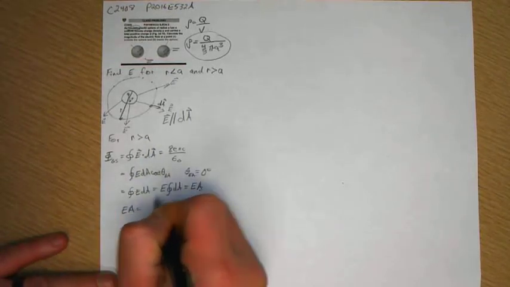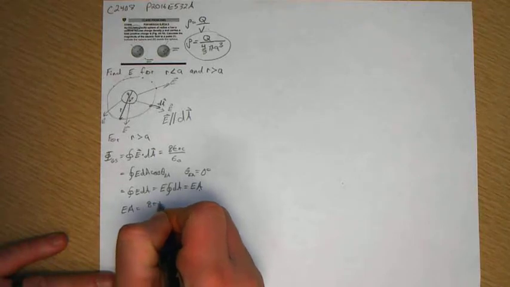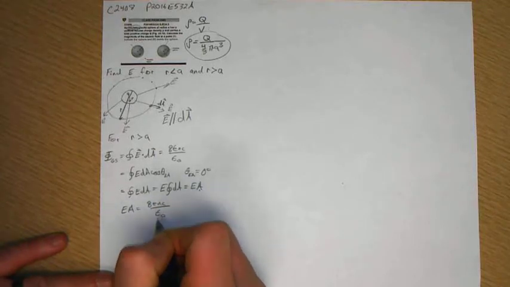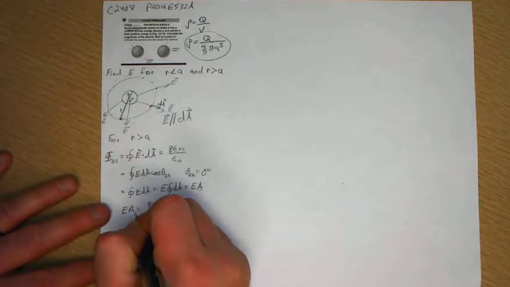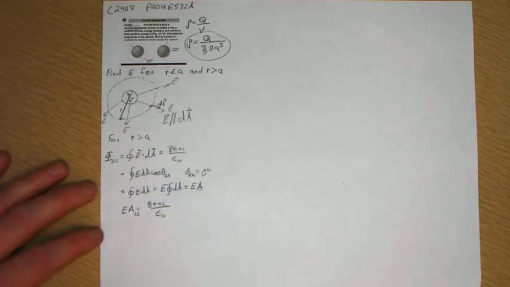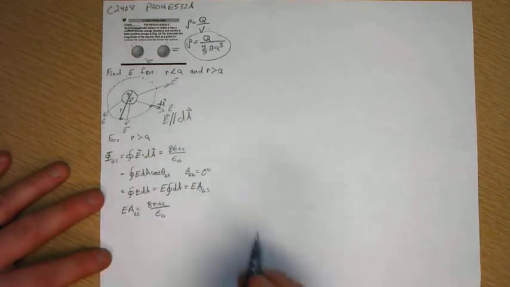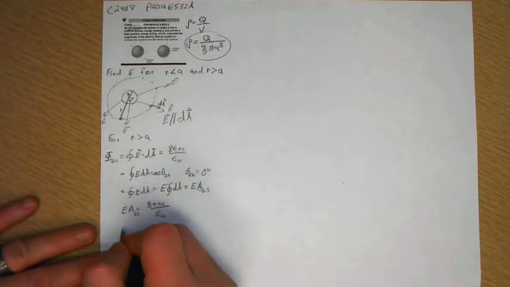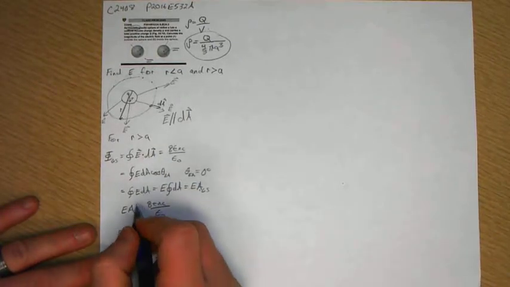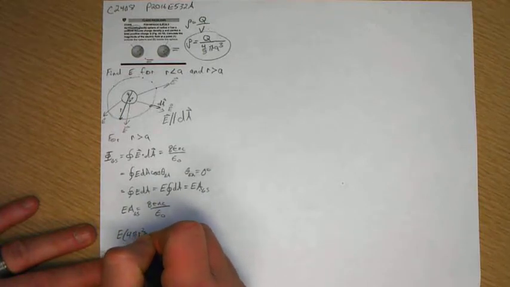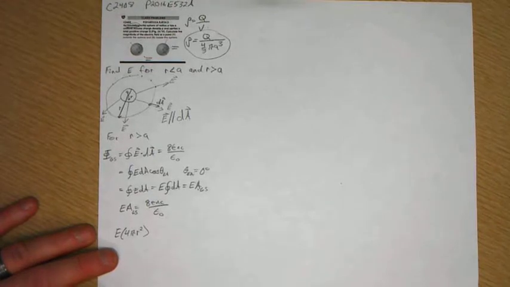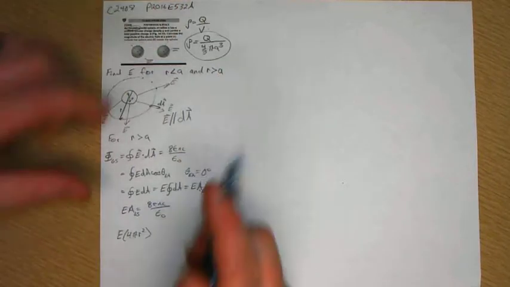So EA is equal to charge enclosed over epsilon naught. Just like this is the flux through the Gaussian surface, I have to remind you that A is the area of the Gaussian surface. So we know what that is: 4 pi r squared, the area of a sphere of radius r.